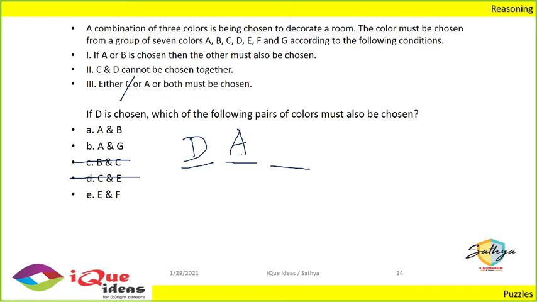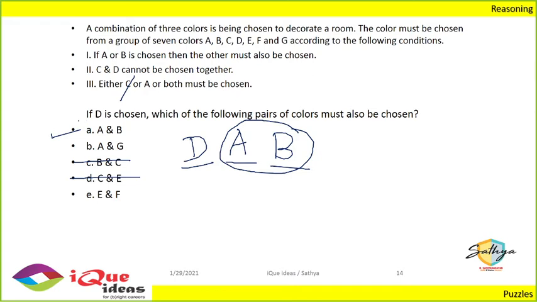And the moment A becomes compulsory, the first condition says that because of A, B is also compulsory. That means if D gets chosen, then both A and B have to be chosen. We don't have a choice. So A and B have to be chosen in case D is selected.